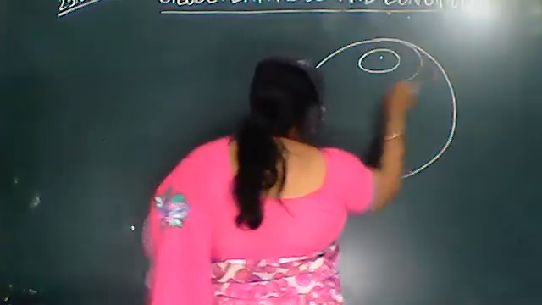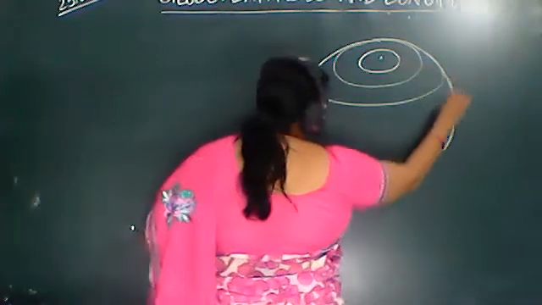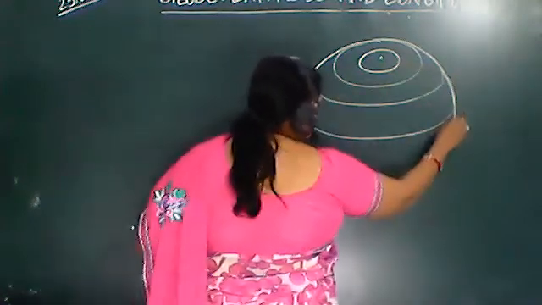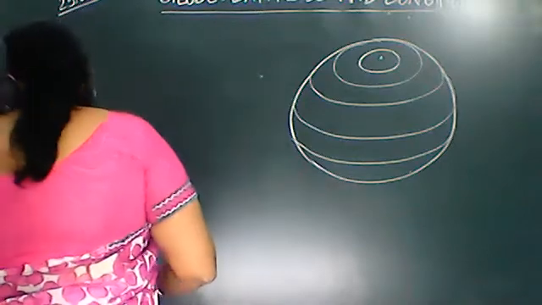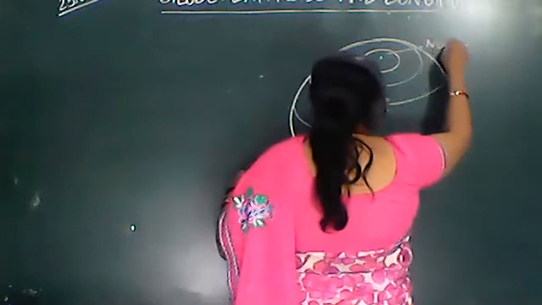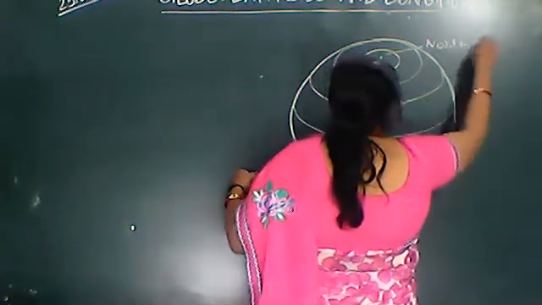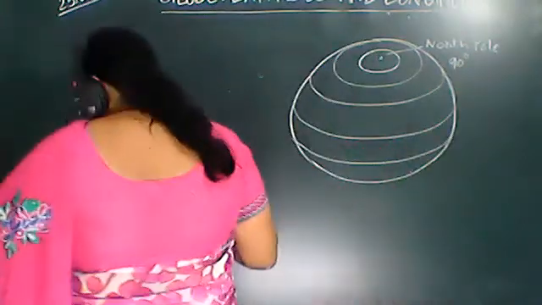You will see that these are the latitudes, and this is the North Pole, which is always 90 degree.